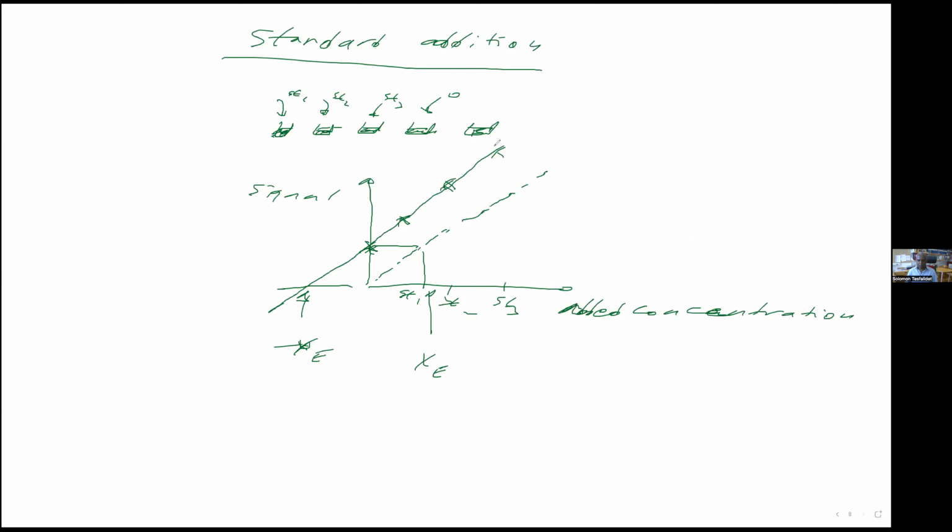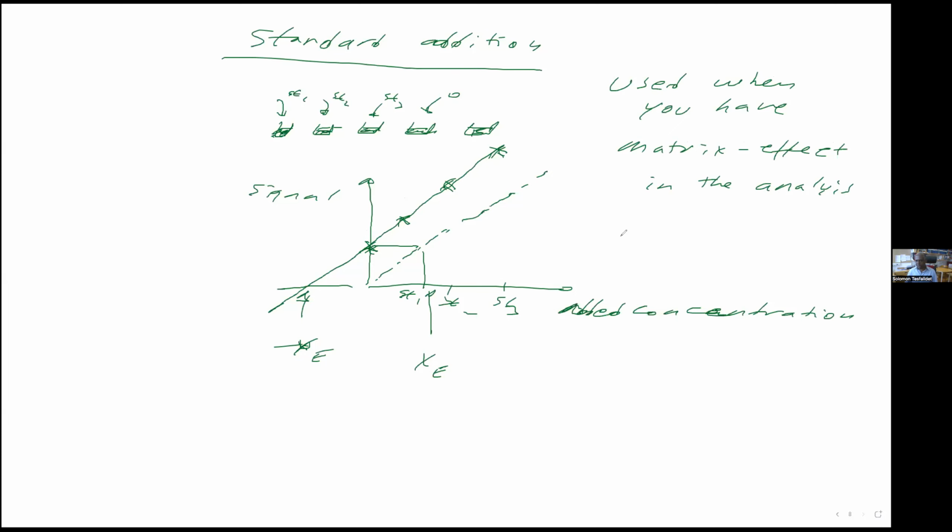So in this way, we are not discriminating the sample from the analyte, because they are in the same matrix, so to speak. So standard addition is used when you have matrix effect in the analysis.